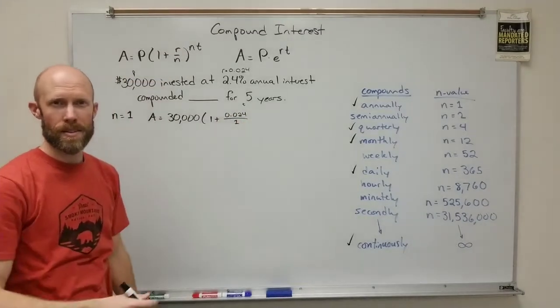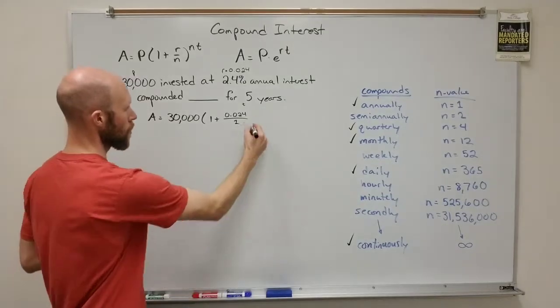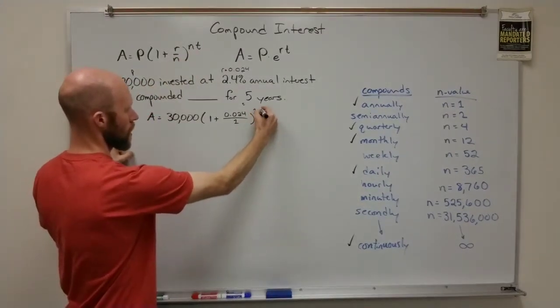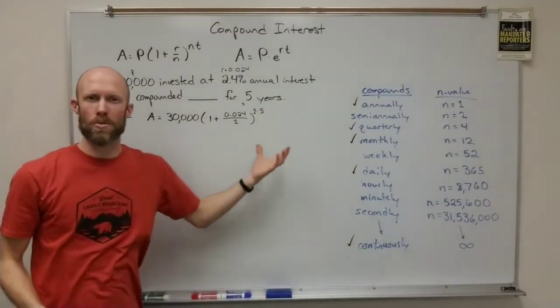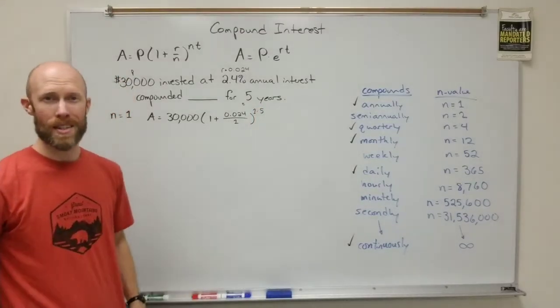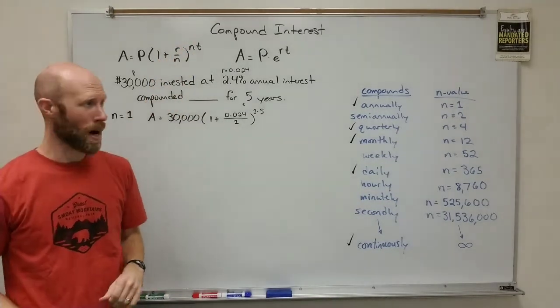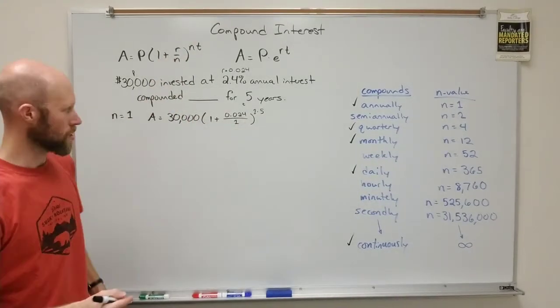Now, this annual compounding is kind of nice with the 1 in there. Raised to the NT, well, that's 1 times 5, right? And really, this reduces down to the other formula that we saw that doesn't even have the n's in it. It's just 1 plus R raised to the T power, right? The 1's aren't really necessary there.